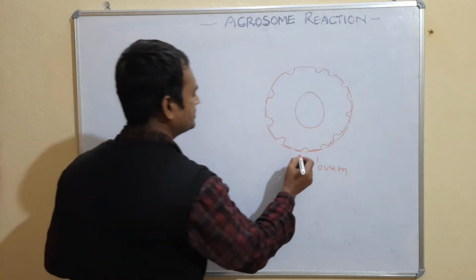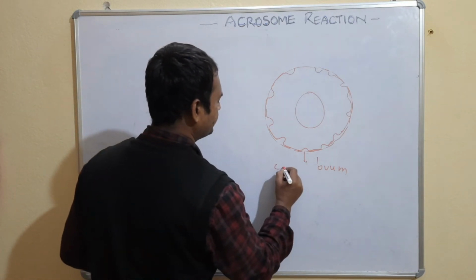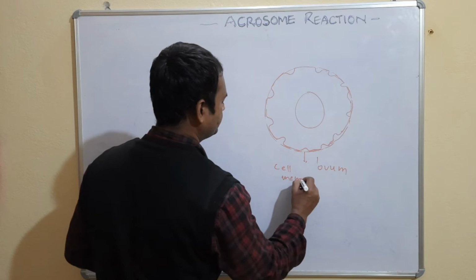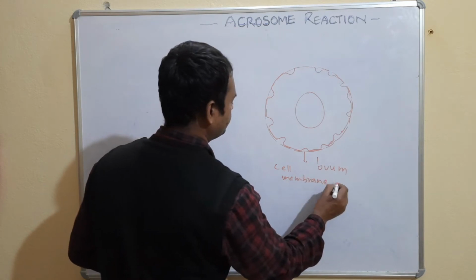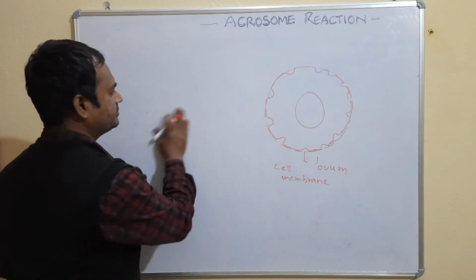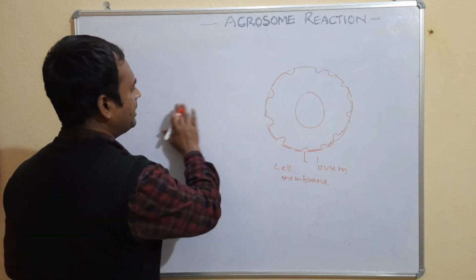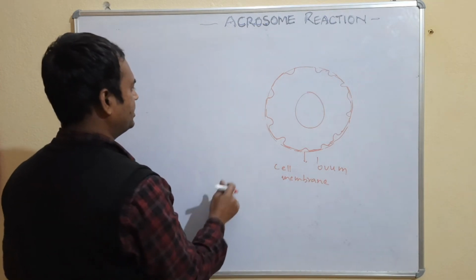Now this is the cell membrane. What happens? The sperm comes here after traversing through the zona pellucida.